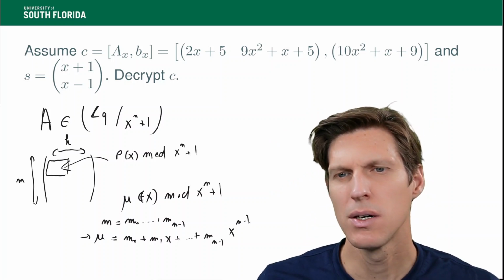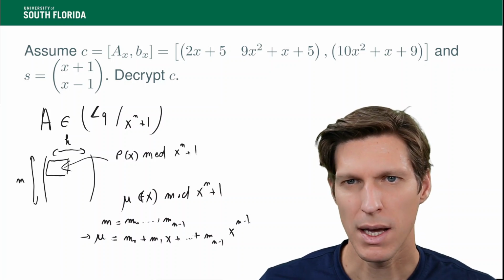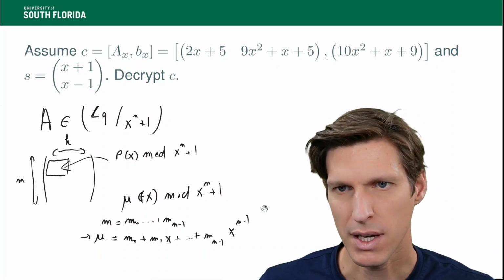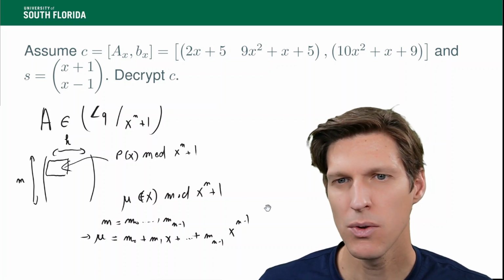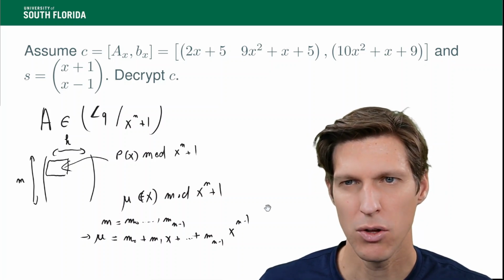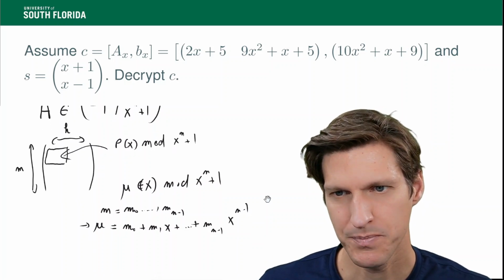And now we want to encrypt that, and we're going to hide it in a similar way as with the LWE ciphertext, except of course that we're replacing all these integer elements by polynomials mod x^n + 1.